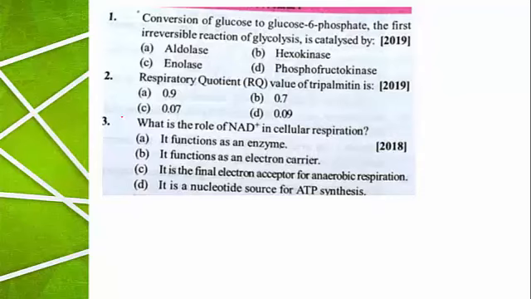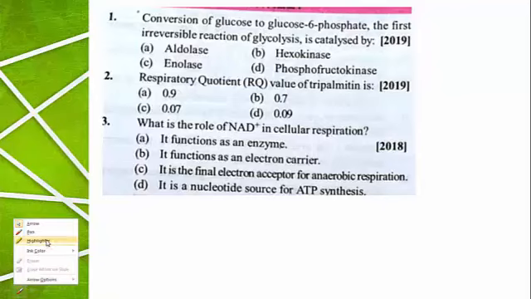Conversion of glucose to glucose 6-phosphate, the first irreversible reaction of glycolysis, is catalyzed by. During glycolysis, many enzymes are involved. Glycolysis is also known as the EMP pathway.